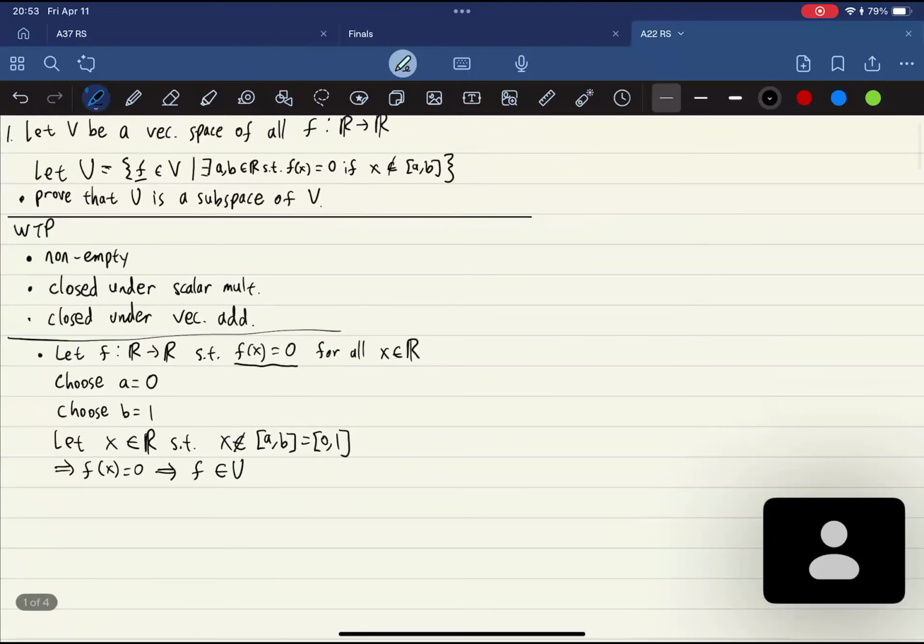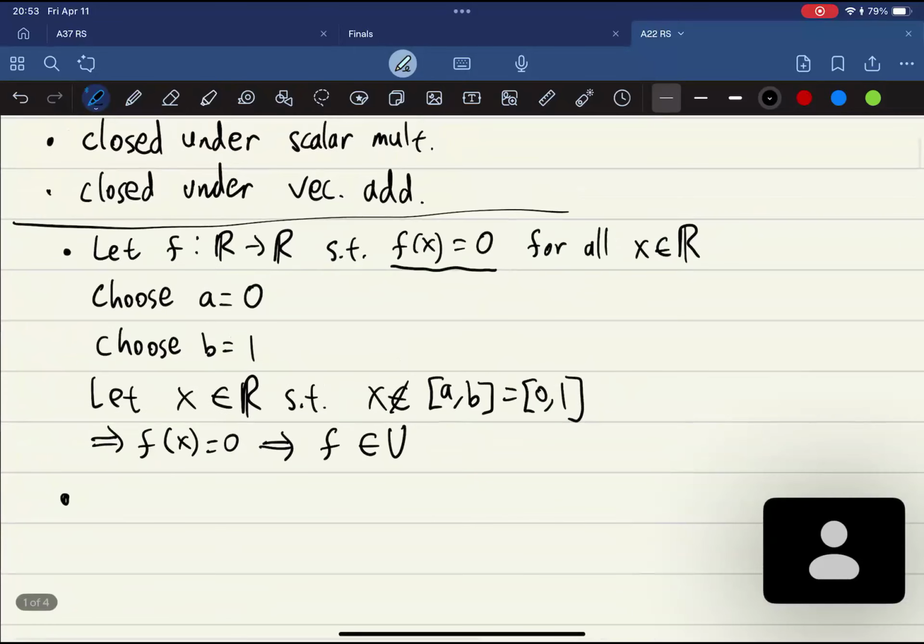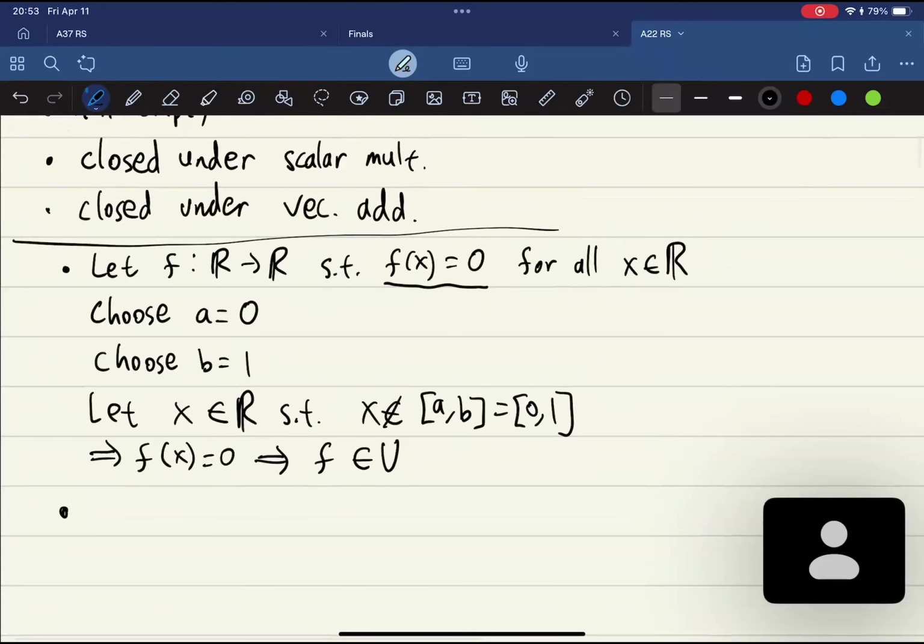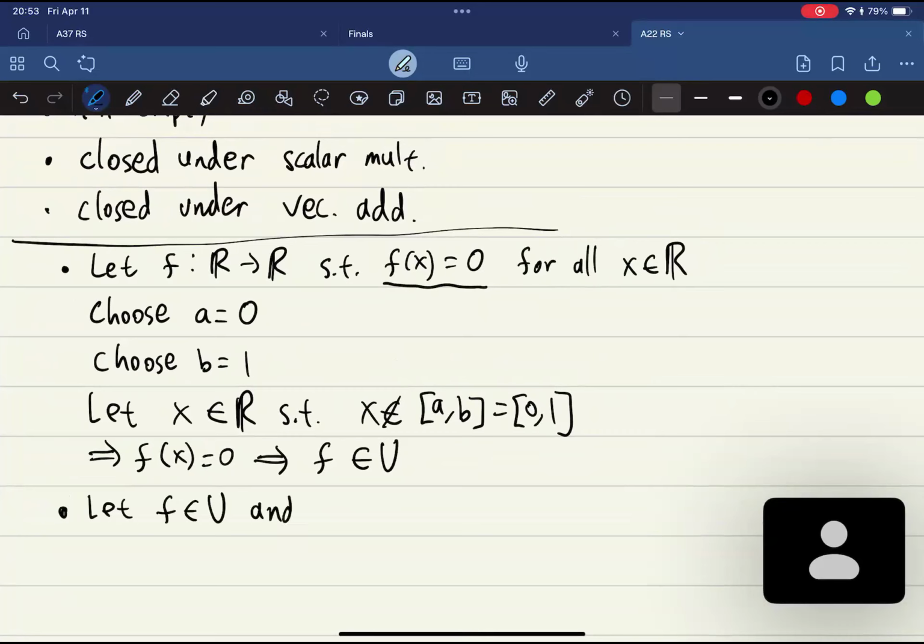Right. So I'll just continue on to the second point, which is proving closure under scalar multiplication. You can do this in one step, but I prefer to do it separately. So we let f be an element of U, and c be an element of our field, which in this case is the real numbers.